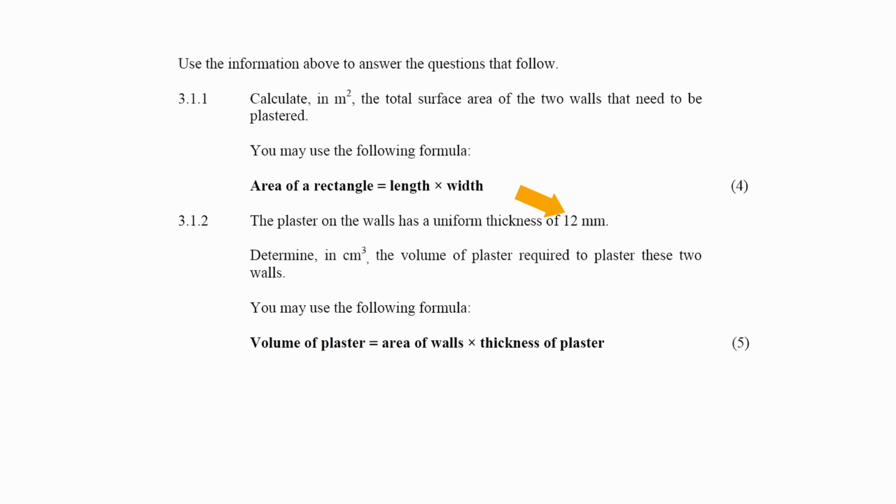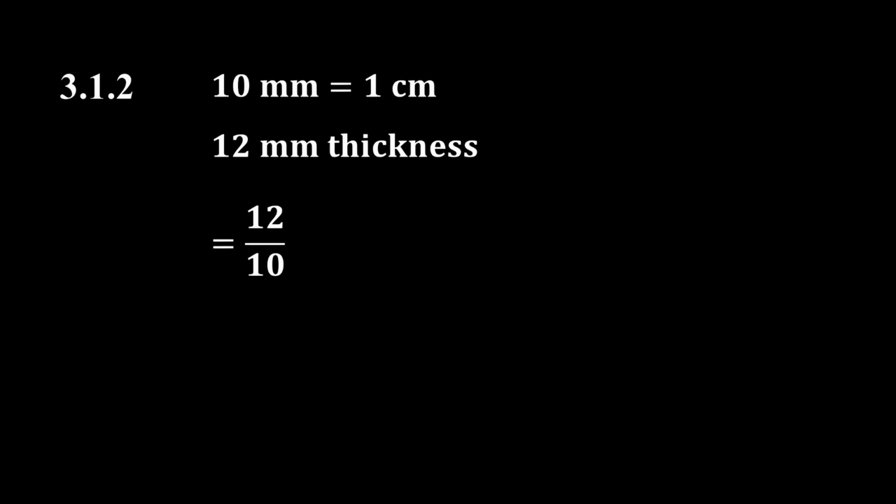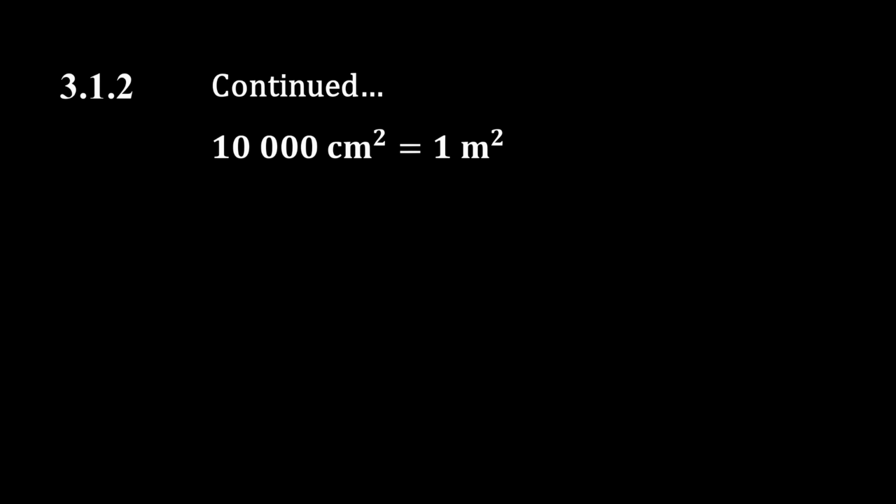Converting the thickness of the plaster to centimeters, we should know that there are 10 millimeters in 1 centimeter. So 12 millimeters equals 12 divided by 10, and this equals 1,2 centimeters. Next, converting the total surface area of the wall, we should know that there are 10,000 square centimeters in 1 square meter.